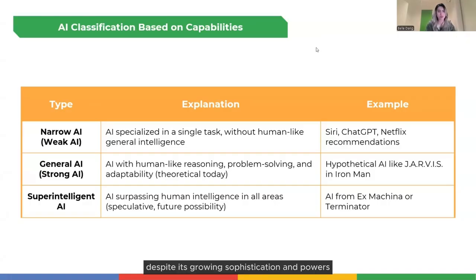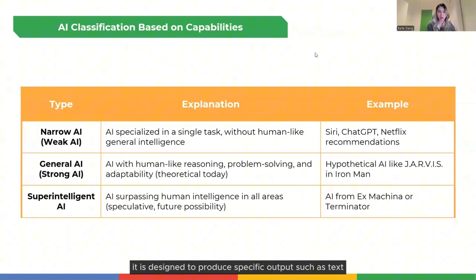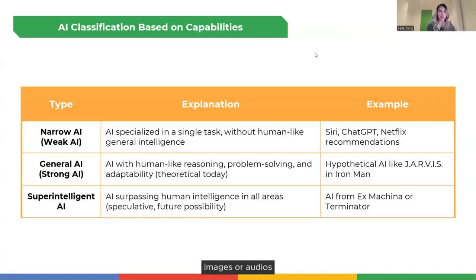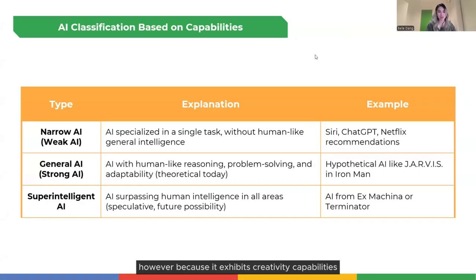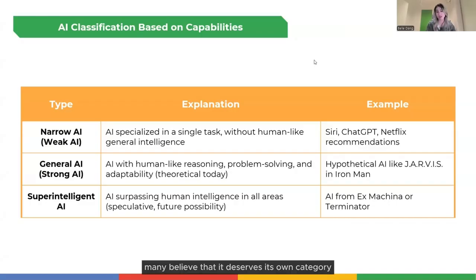Despite its growing sophistication and power, it is designed to produce specific output, such as text, images, or audio, rather than demonstrate general intelligence across multiple domains. However, because it exhibits creative capabilities and people are using it for unintended purposes, like original design, many believe that it deserves its own category within the overall AI landscape. That is still the debate.